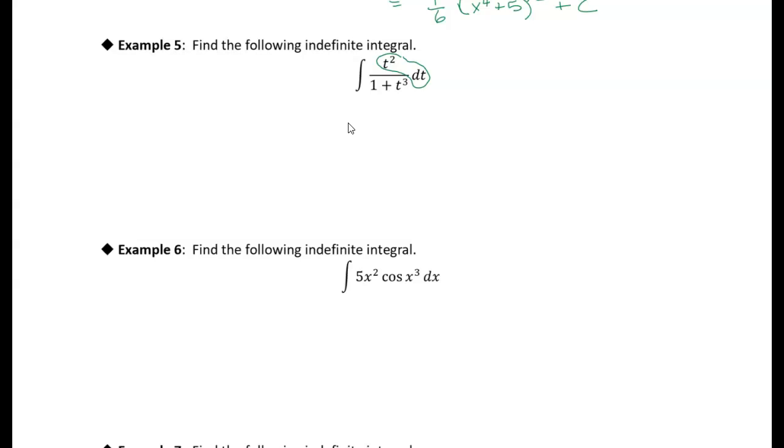So 1 plus t cubed is my inside function. I'm going to let w equal 1 plus t cubed. So dw is equal to just 3t squared dt. Again, I have t squared dt, not 3t squared dt. So if I divide by 3, I get 1/3 dw is equal to t squared dt.